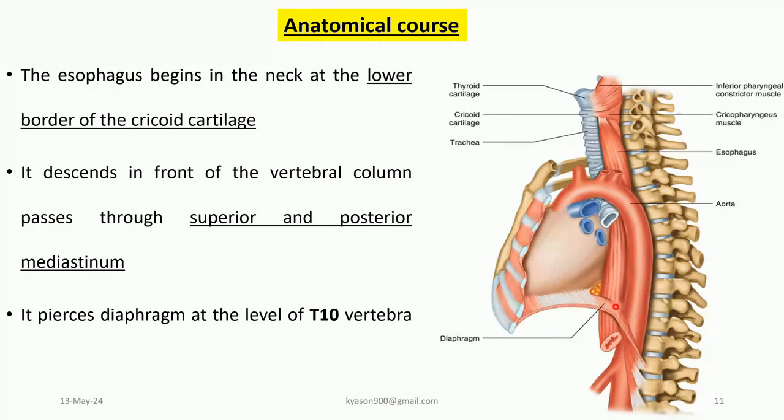Okay, then at the level of T10, it's going to pierce the diaphragm and go through the abdomen just a short distance, and then join the stomach. So its course is not complicated, it's almost direct.